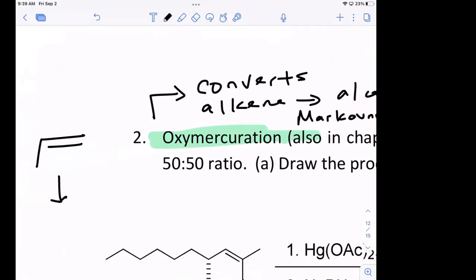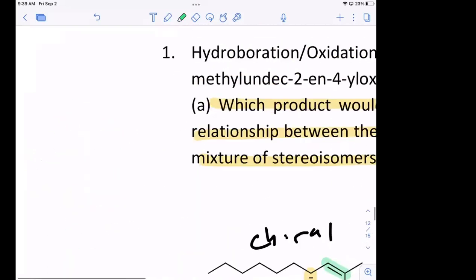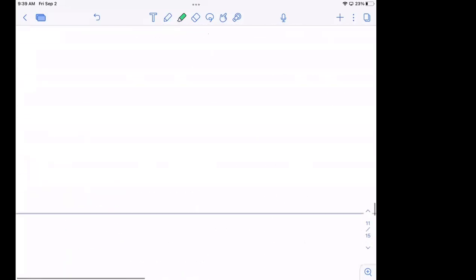You add a hydrogen to one side and an OH to the other side. We're just going to say HOH, and it's an unsymmetrical alkene. If you add the OH to the more substituted carbon, I kind of defined that up here too, but I'll put it.